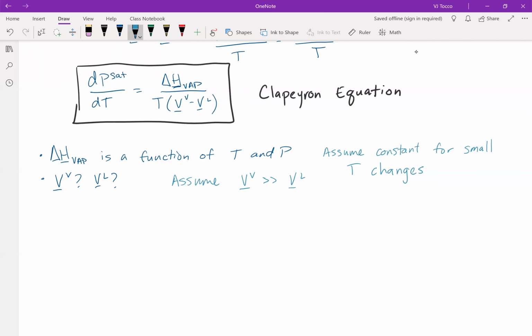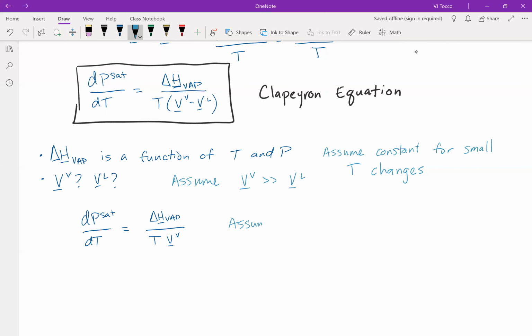So with those two assumptions in place, we can then simplify and say dP saturation over dT is equal to delta H vaporization, remember, we're going to say it's constant, over T times molar volume of the vapor. However, we still don't know what the molar volume of the vapor is. We'll make a third assumption and say we're going to assume ideal behavior.